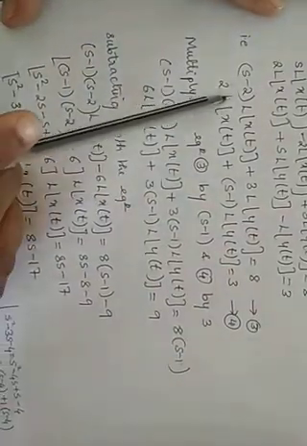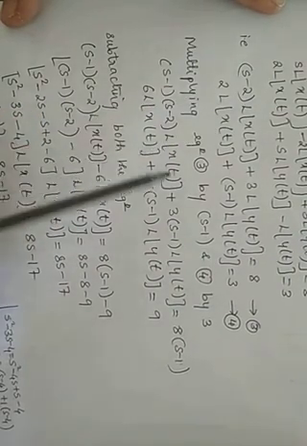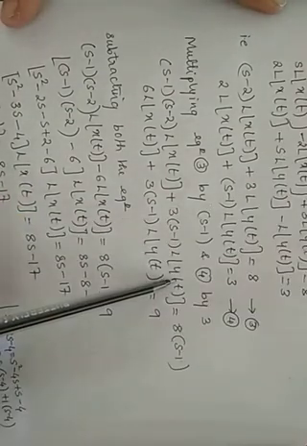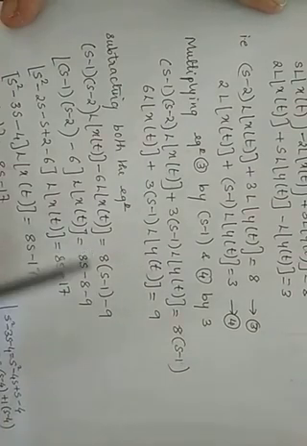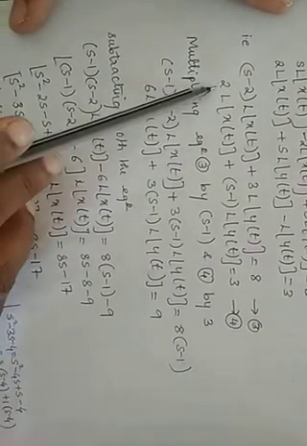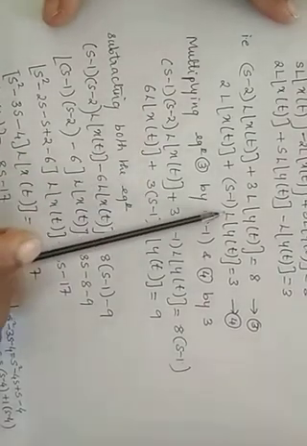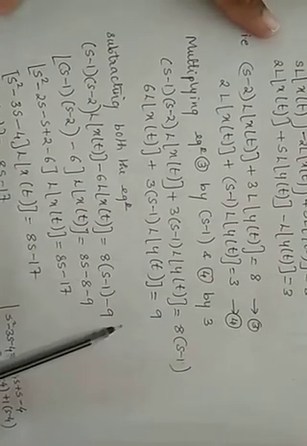So this becomes s minus 1 into s minus 2 into Laplace transform of x(t) plus 3 into s minus 1 into Laplace transform of y(t) is equal to 8 into s minus 1. Multiplying by 3, this will become 6 into Laplace transform of x(t) plus 3 into s minus 1 into Laplace transform of y(t) is equal to 9.